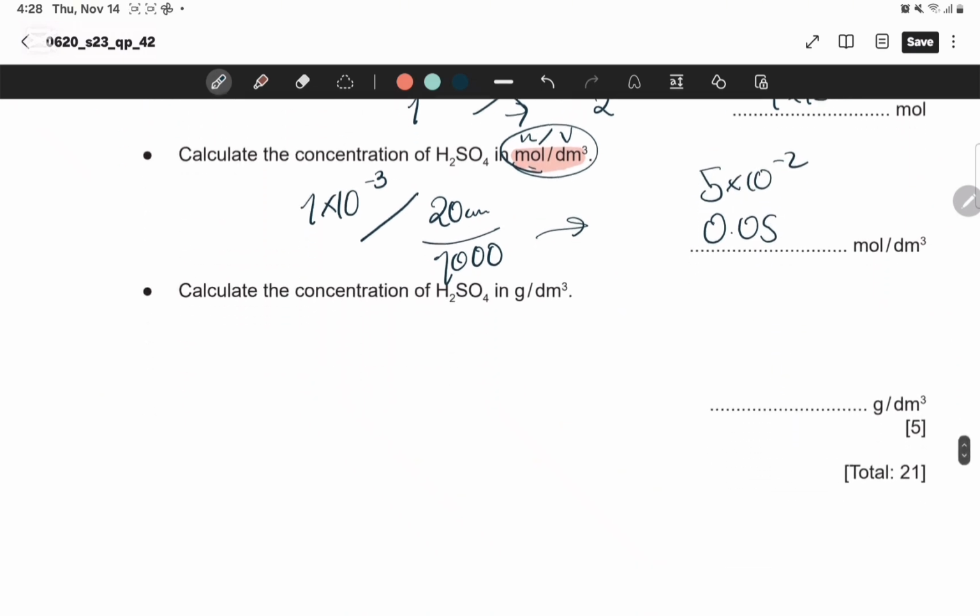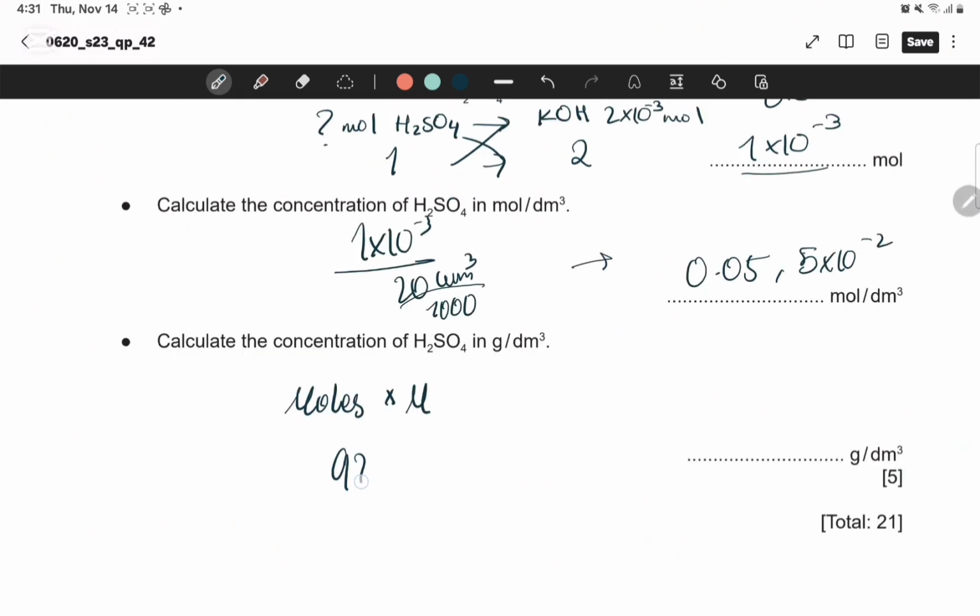Last question, calculate the concentration of H2SO4 in grams per decimeter cubed. Now how do you do that? First you're going to find the mass of H2SO4. How do you do that? You're going to do moles times molar mass. You know that the molar mass is 98 and the moles here is 0.05.